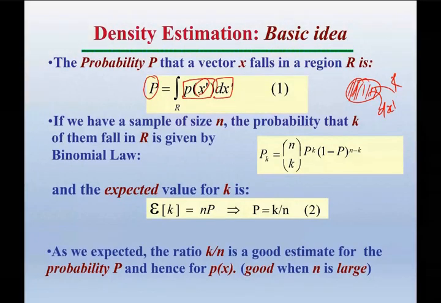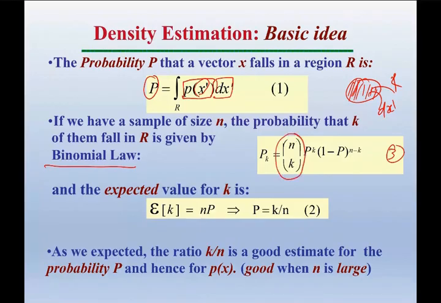So if I take this small portion and do the integration, whatever the integration of the density is, is my probability. If we have a sample of size n, the probability that k of them fall in R, the region of interest, is given by the binomial law. I can call this equation 3. So P_k equals nCk into probability P to the power k, (1 minus P) to the power n minus k.